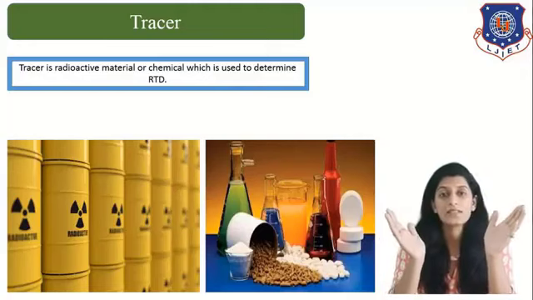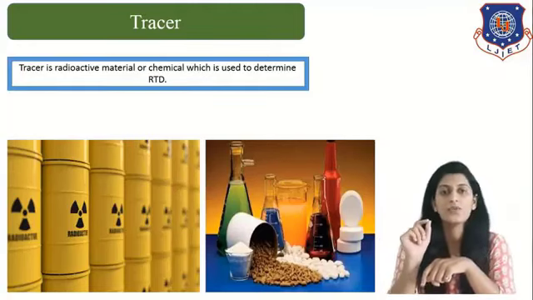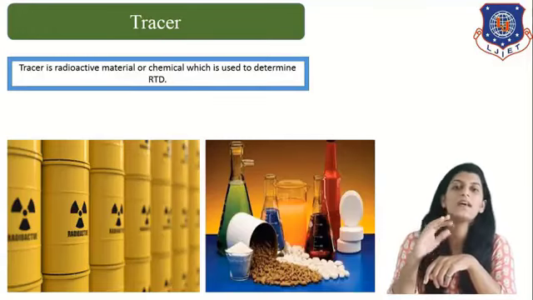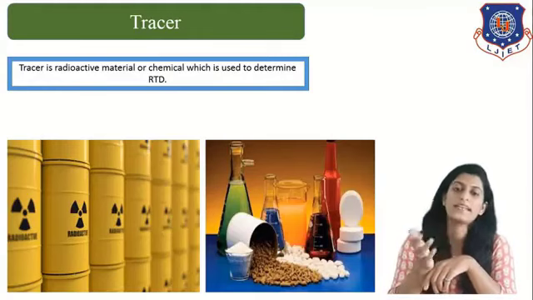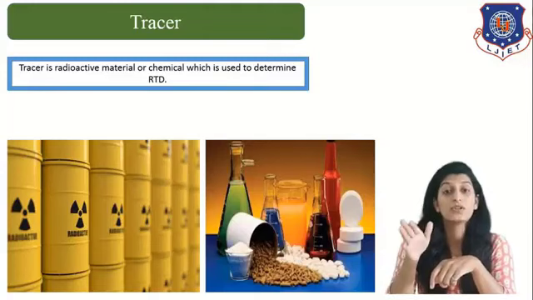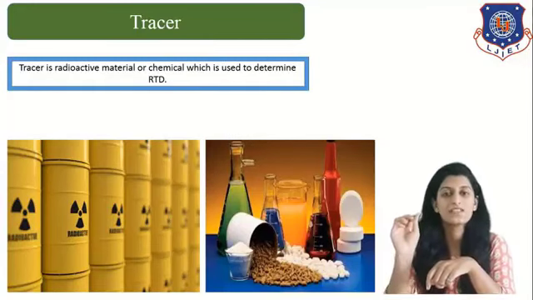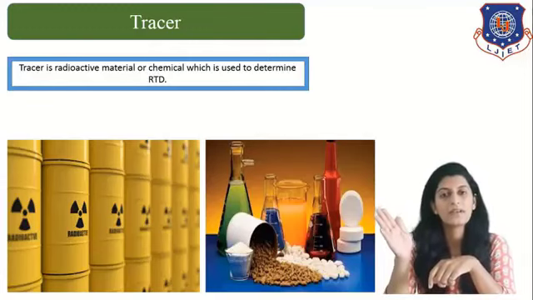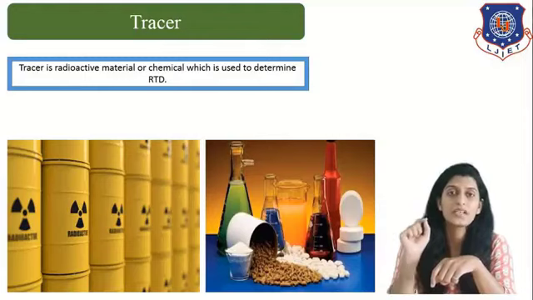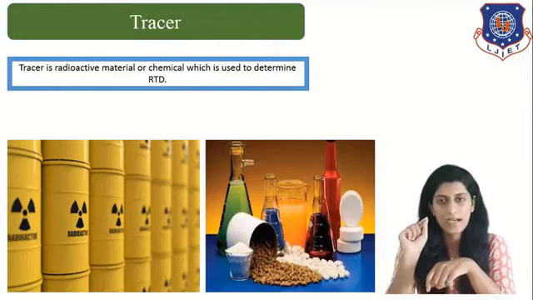So what is tracer? Tracer is basically a radioactive material or a chemical substance. It can either be a radioactive material or a chemical, depending on your choice and on the process which you are doing, correct? So tracer is basically either a chemical or a radioactive material which is used in the process to determine RTD of any given reactor.